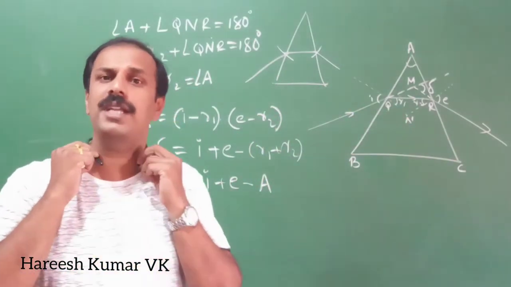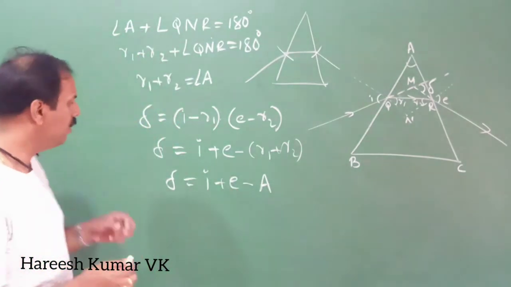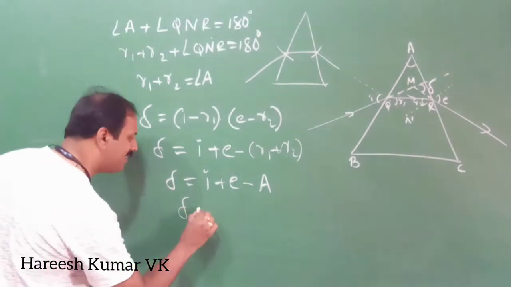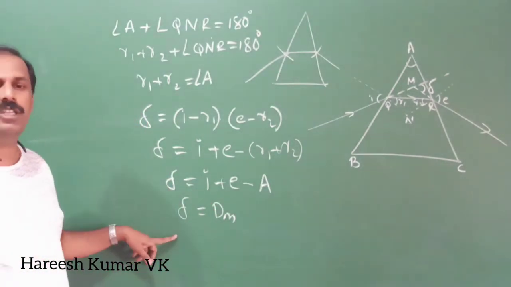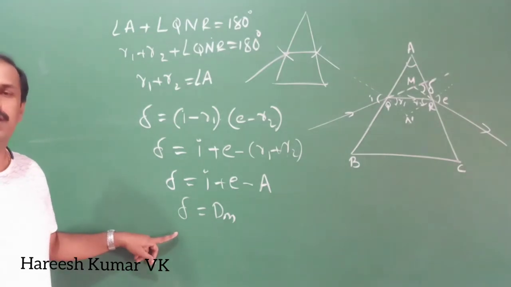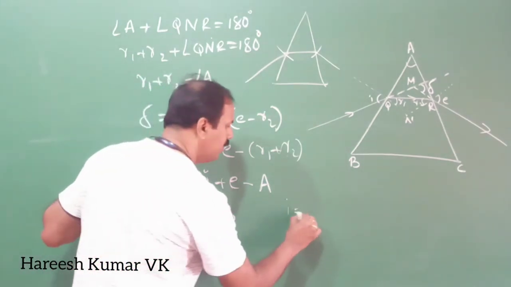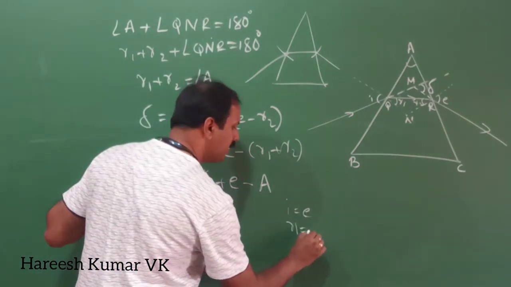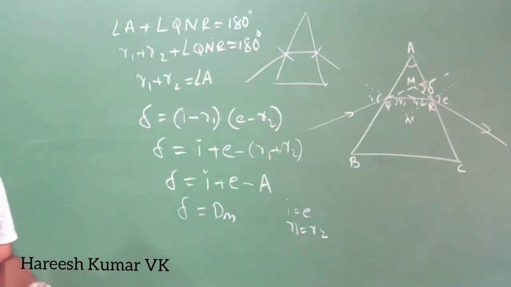The minimum deviation happens when I is equal to E. So for minimum deviation, we write delta is equal to Dm. Dm means minimum deviation. When this minimum deviation happens, it is a special case: I is equal to E, or R1 is equal to R2. When R1 and R2 are equal, in that condition only this minimum deviation will happen.